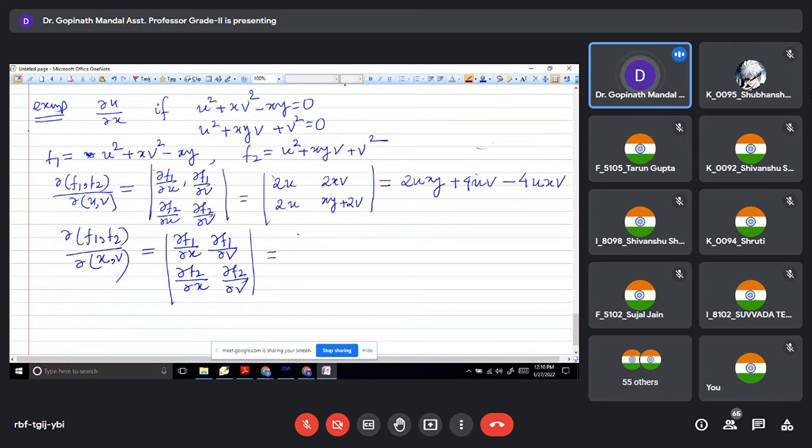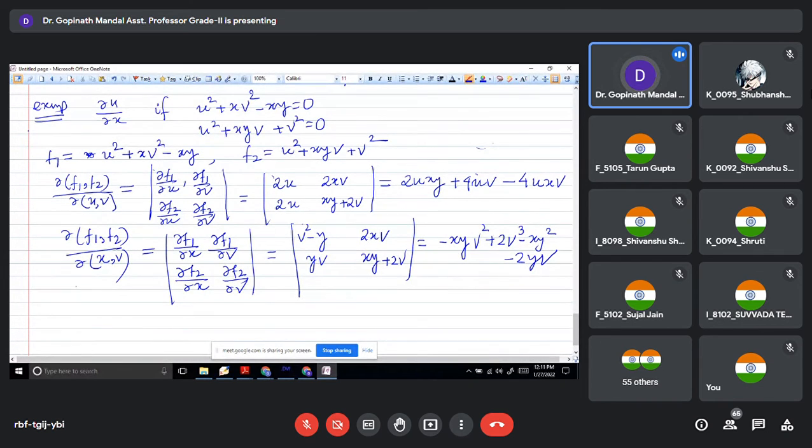This will be v square minus y, 2xv, del f2 by del x is yv, and del f2 by del v is xy plus 2v. Calculating, we get minus xy v square plus 2v cube minus xy square minus 2yv.